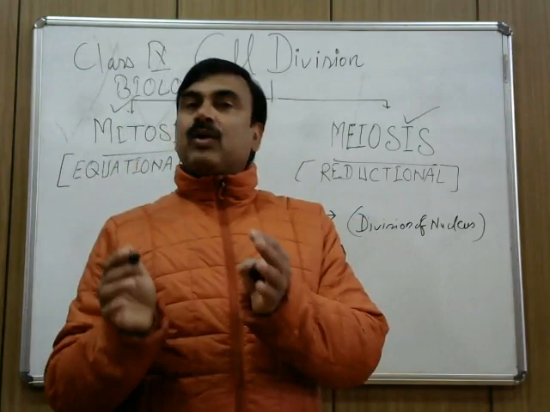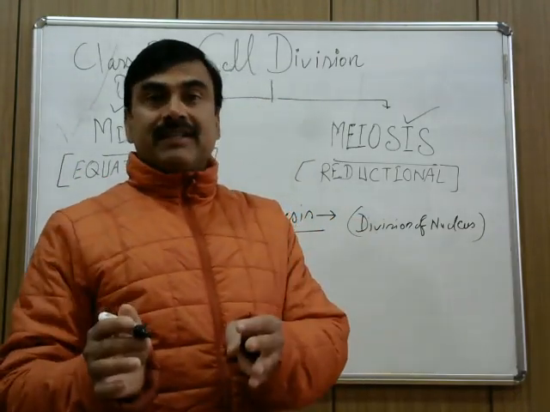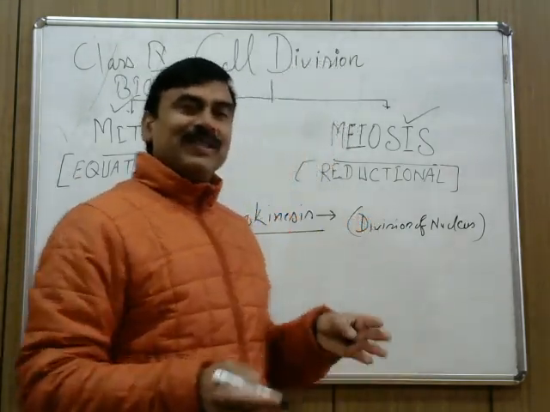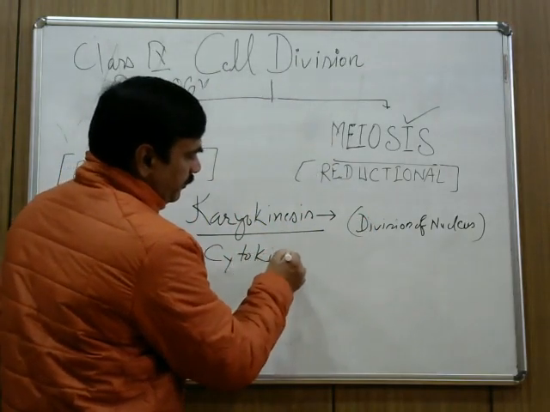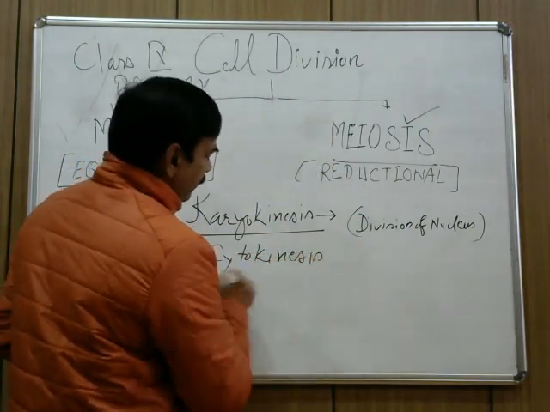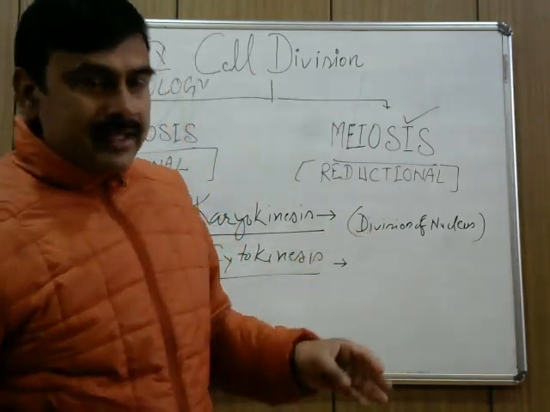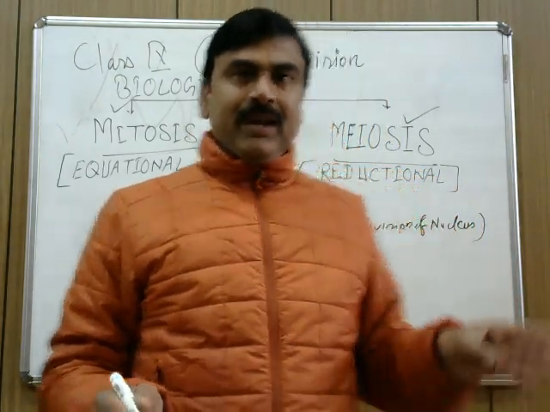First there may be a question: which division takes place first and which later on? That is why I am going to tell you: number one karyokinesis and number two cytokinesis.